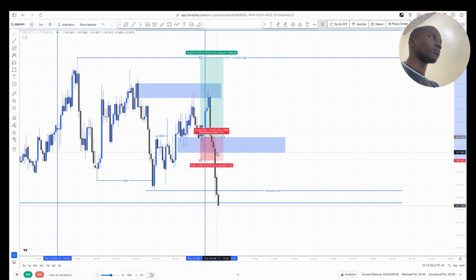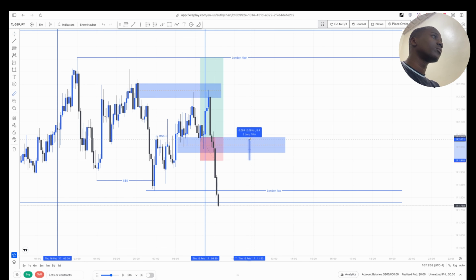Let me see this stop loss. Stop loss was 9. Well, this is 9 actually, counting from here to here. I think it's 93.